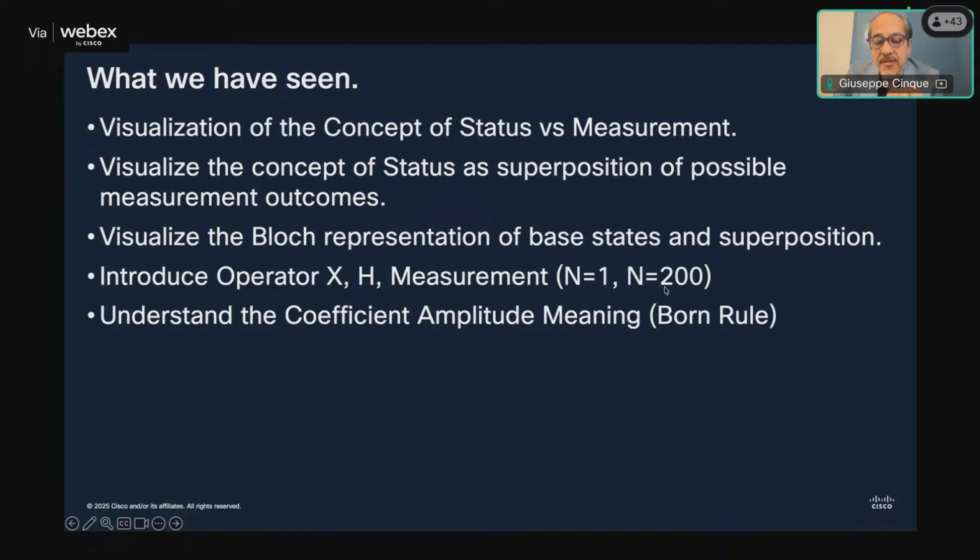And also we have seen the effect of multiple measurements, how the statistics of the measurements are aligned with the expected probability. And we have seen that that probability can be calculated with the coefficients of the amplitudes, the coefficients of the state representation. This is called the Born rule.